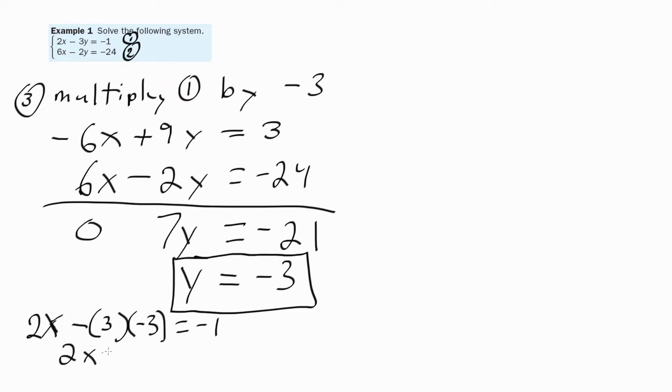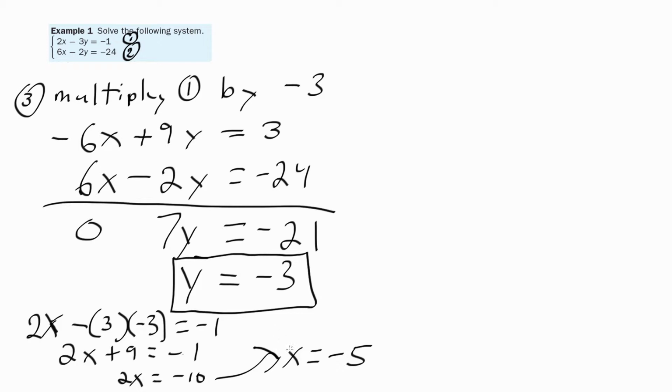So 2x plus 9 equals -1. Subtract 9 from both sides, 2x equals -10. So x equals -5.